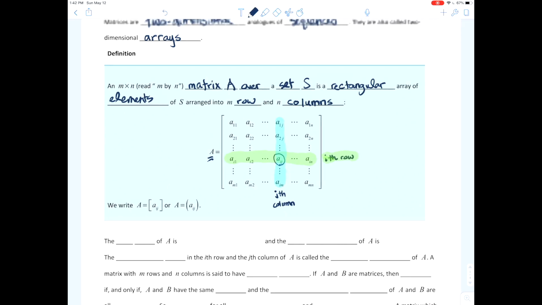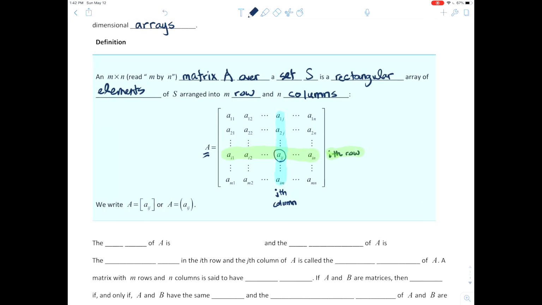So, zoom back out a bit. We write A equals [a_ij] in brackets. That is how our linear algebra text notates it. You can also do the representation with parentheses, but you're going to see me use this notation more often.